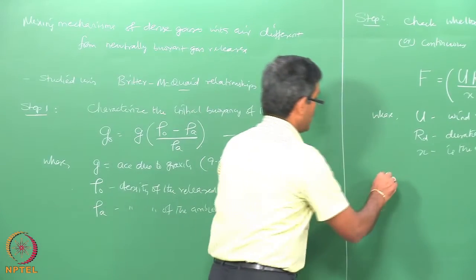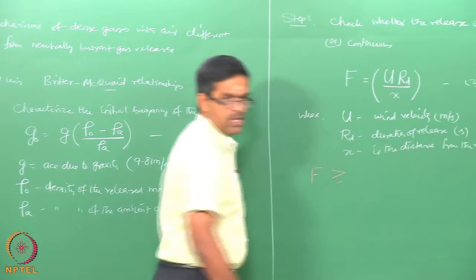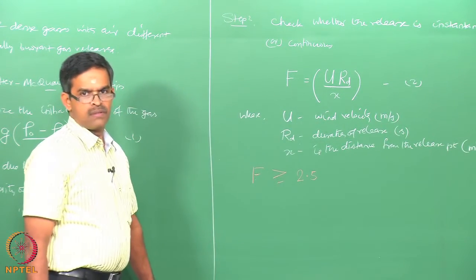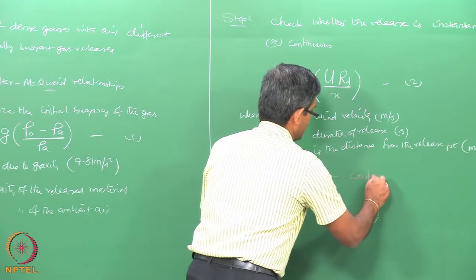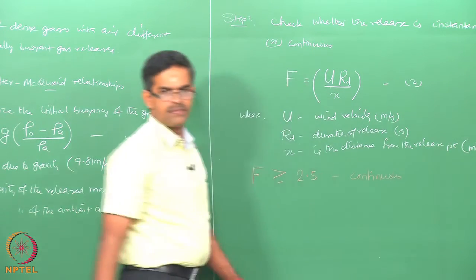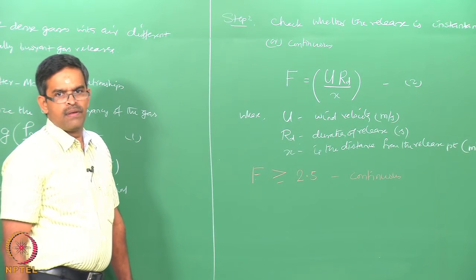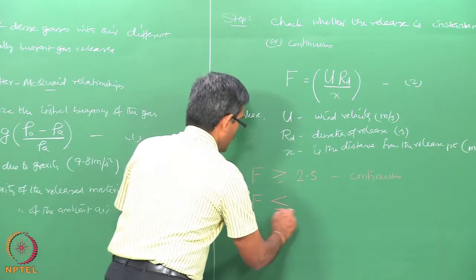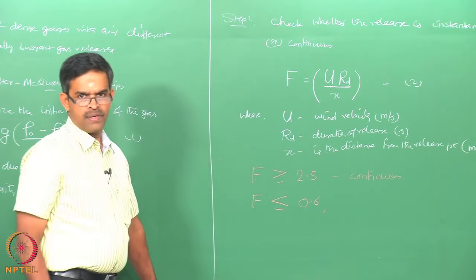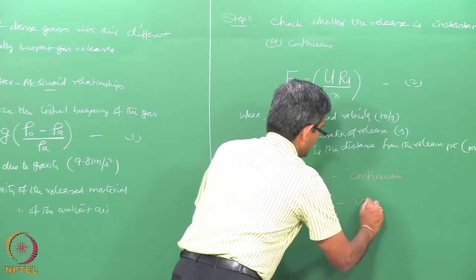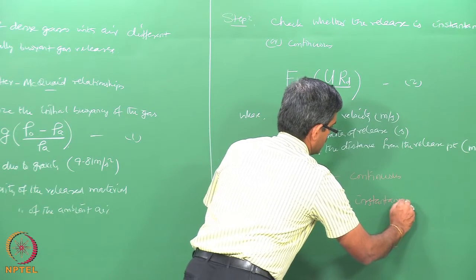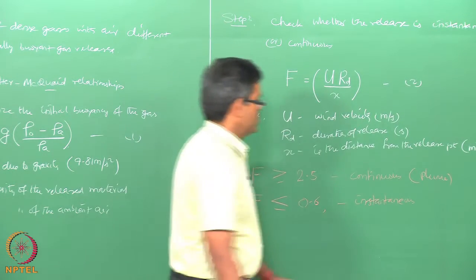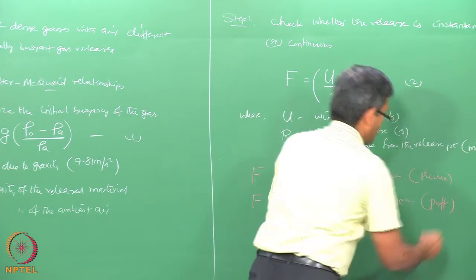The moment f is greater than or equal to 2.5, the release is said to be continuous. For the value of f less than or equal to 0.6, the release is said to be instantaneous. So, you can use the plume model for this, you can use the puff model for this.